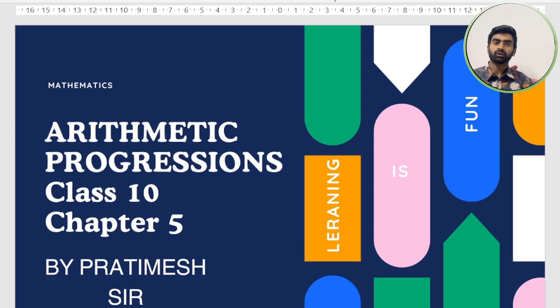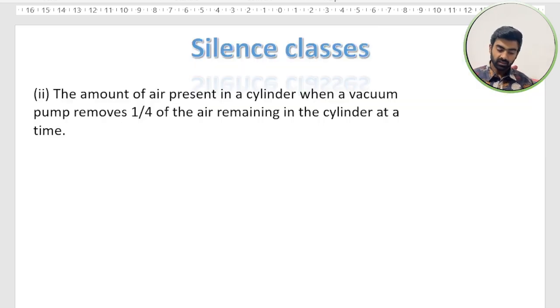We are doing question number 1, part 2nd. Let's check what the question is saying. The amount of air pressure in a cylinder when a vacuum pump removes 1/4 of the air remaining in the cylinder at a time. In this question we have to find out whether the terms coming while solving form an AP or not. Let's take for example the air pressure is 100 kg.